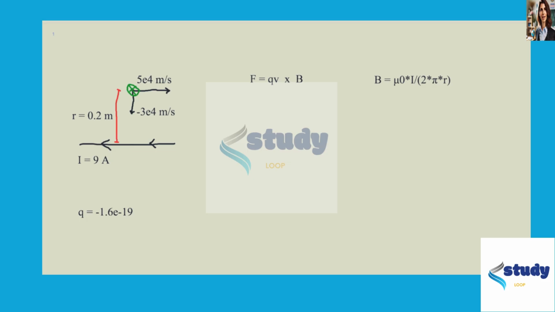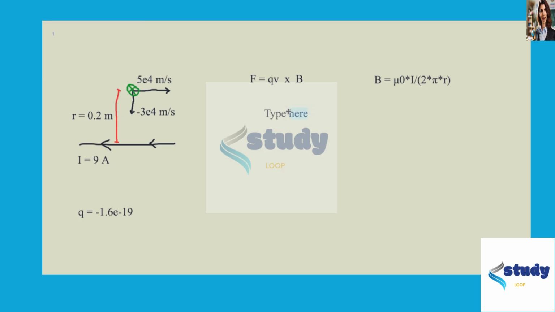So what we're going to need to do is calculate the component of the force from each of these velocity components separately. Let's start with the component of the force from the 5 times 10 to the 4th going in the plus x direction.